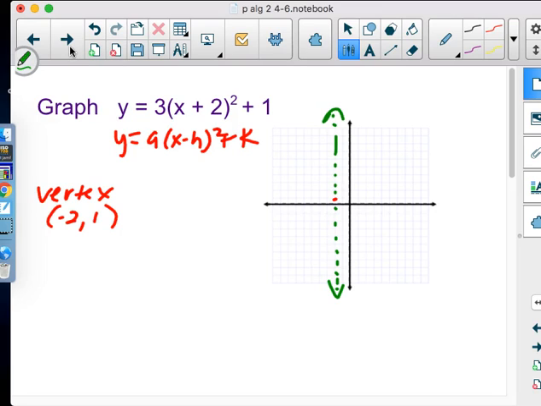People always forget this. Anybody remember the super easy point you can get in vertex form? Yeah, put a 0 in. That's always the easiest one to get. Might be enough. Put it in. 0 plus 2 is 2. 2 squared is 4. 3 times 4 is 12. 12 plus 1 is 13. Rats, we're already off our grid, aren't we?